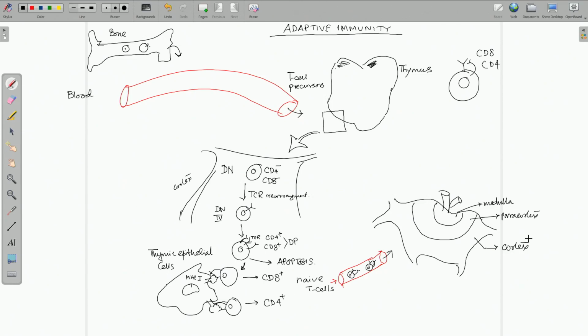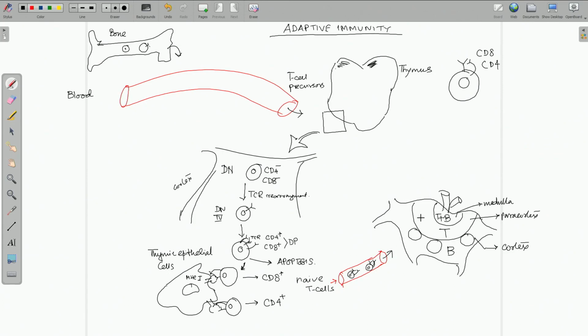So, the medulla is mostly filled up with T and B cells, the mature B cells and the naive T cells. This paracortex is the site for T cell activation, and the cortex is primarily the site for B cell activation. So, we will talk about this cortex area, or the B cell activation, when we study the humoral immunity. For the time being, let us concentrate on the paracortex, where the T cell activation occurs.